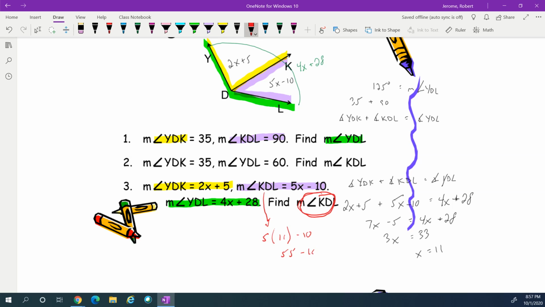So 55 minus 10. And we get angle KDL. The measurement of angle KDL equals 45, and our units are degrees. Now again, the picture might not be drawn accurately. The picture is a reference so we can determine what rules to use. So we have some angle addition.